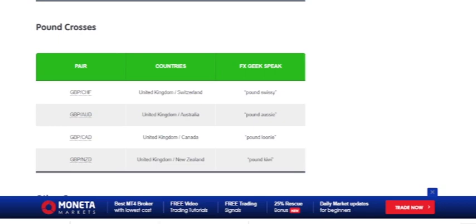Guys, you need to understand these things. You need to first get these abbreviations into your head, and then you will try to figure it out. So when you see something that is not a major pair and doesn't involve the USD, then you will know that this is a minor cross currency.